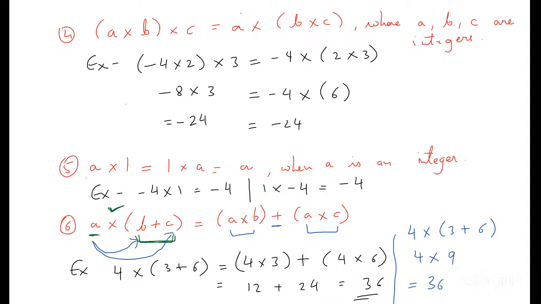Understood now? The last property. Write this down. Any doubt in any of the 6 properties? Please ask.